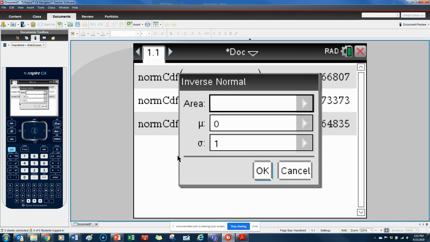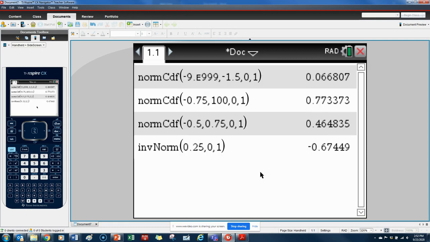Okay, so in this case, our percentile was 0.25 or 25%. Again, same mean and the standard deviation, 1. And so we just hit OK. And this time now, it gives the z-score of that 25% percentile. So it's going to be negative 0.67.